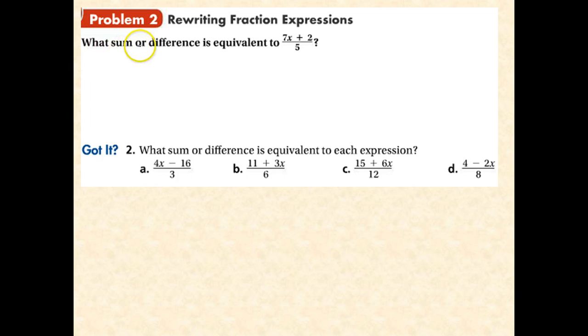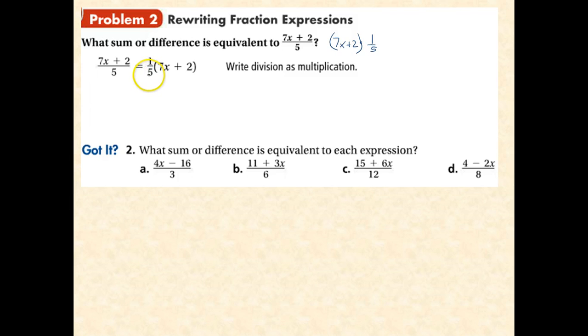What sum or difference is equivalent to 7x plus 2 over 5? Well, you remember that dividing by a number is the same as multiplying by its reciprocal. So dividing by 5 is the same as multiplying by 1/5. So this is going to be 7x plus 2 times 1/5.